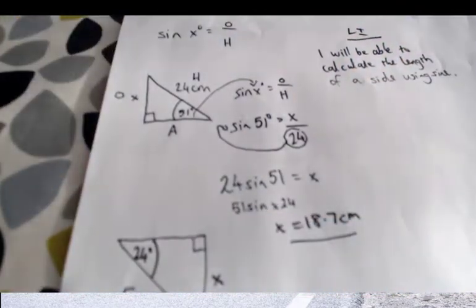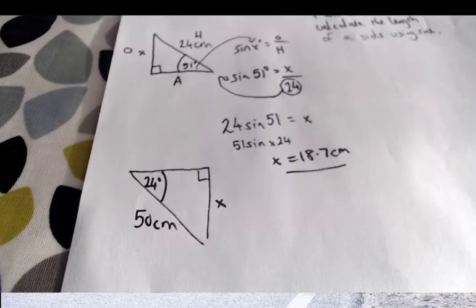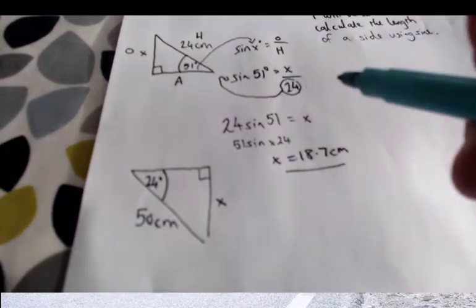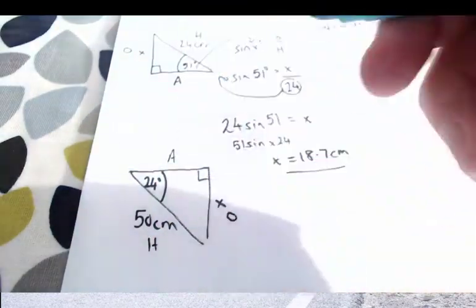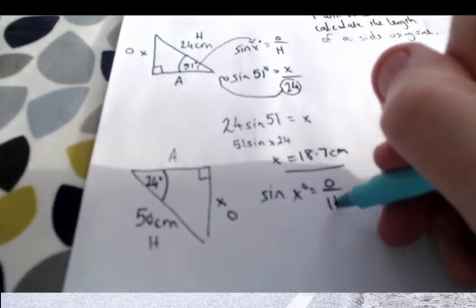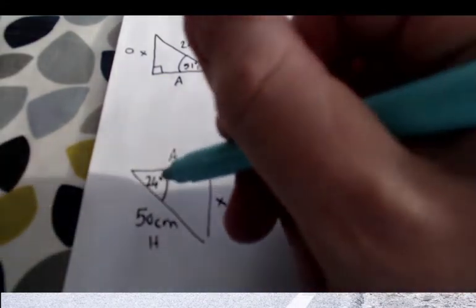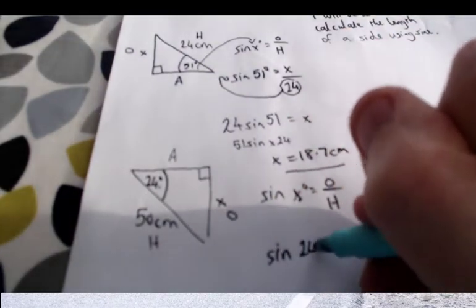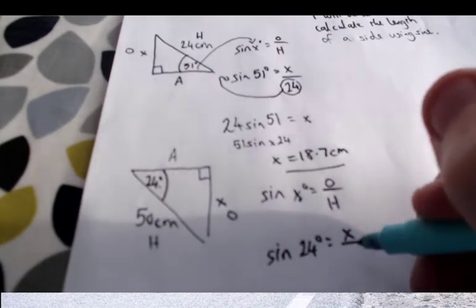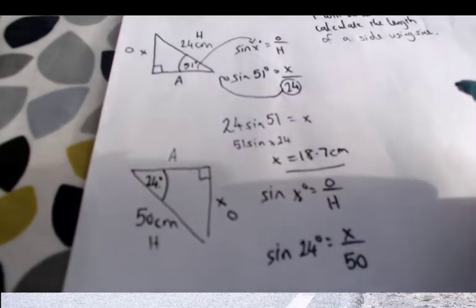Okay, number 2. So again, same position. What we want to do is label the sides. So I'm at the 24, so there's my opposite. Hypotenuse, adjacent. Write down the rule. Sine x is opposite over hypotenuse. Fill in the information. The angle goes in here. So sine 24 degrees will equal x over 50. Getting the things in the right place.